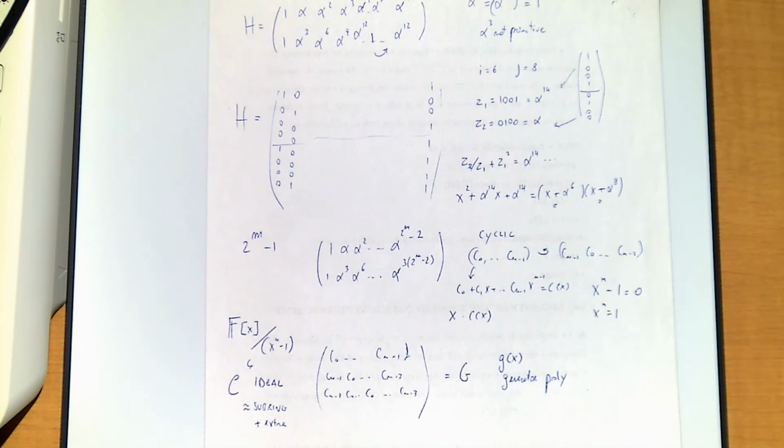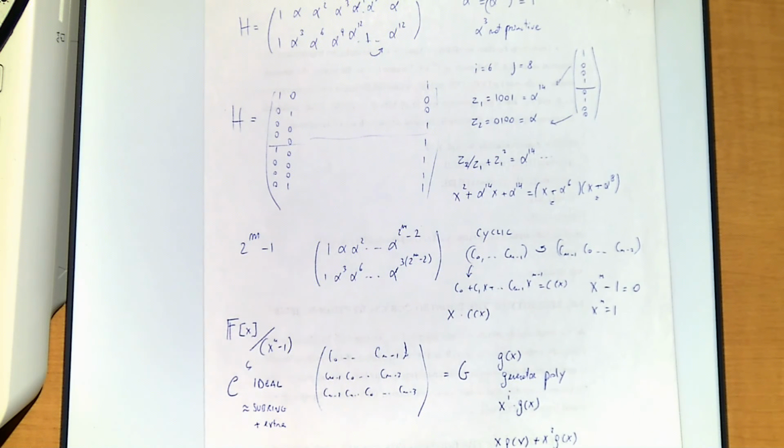And then you can show that every code word is basically x to a certain power times g of x. These are going to be the rows. But then what is the code? It's a combination of the rows. So it could be like x g of x plus x squared g of x, right? And so you see that g of x actually defines the entire code.